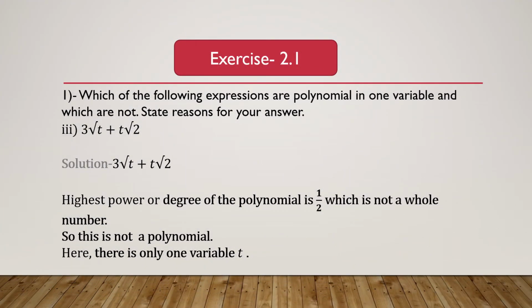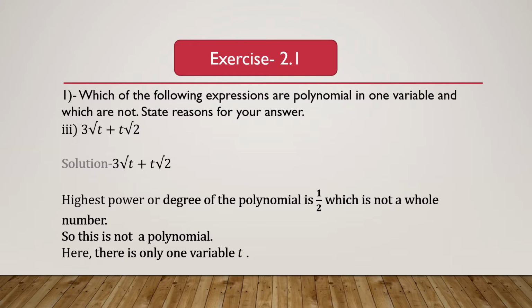Now we will solve the third part. The third part is 3 root t plus t root 2. We will find out whether the given expression is a polynomial or not, and whether this polynomial is in one variable or not. Here 3 root t.